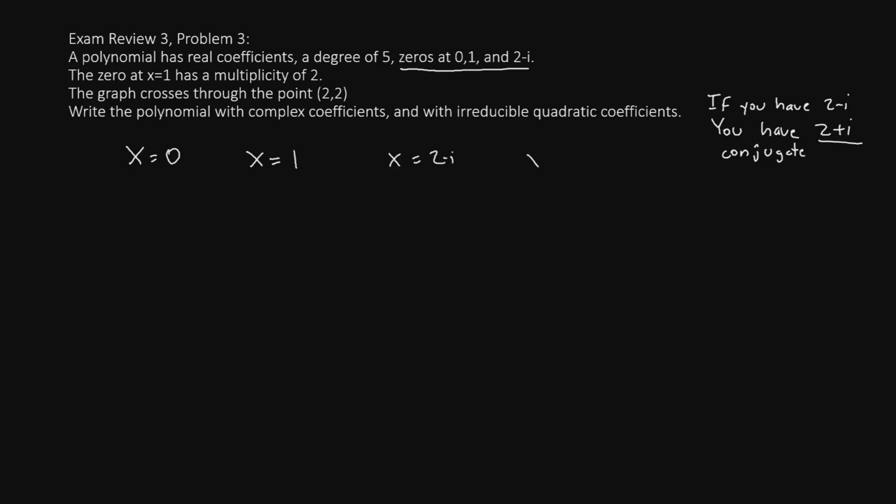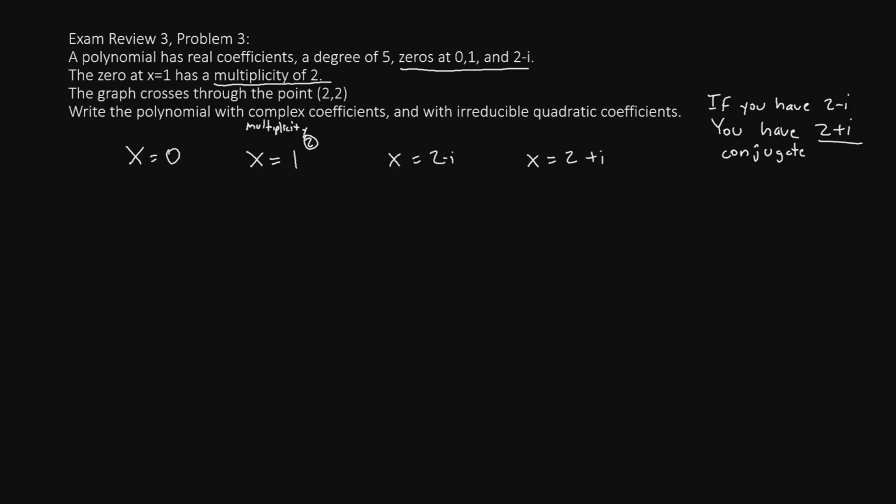So let's also add x equals 2 plus i to our list. Notice also it says that the zero at x equals 1 has a multiplicity of 2, so let's remind ourselves that that one has a multiplicity of 2.